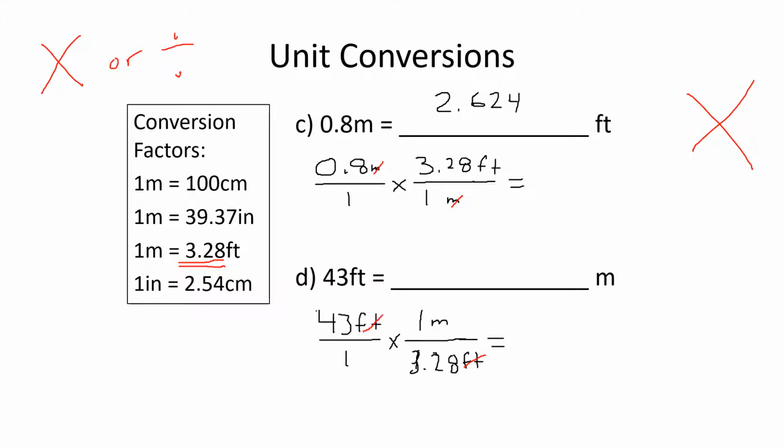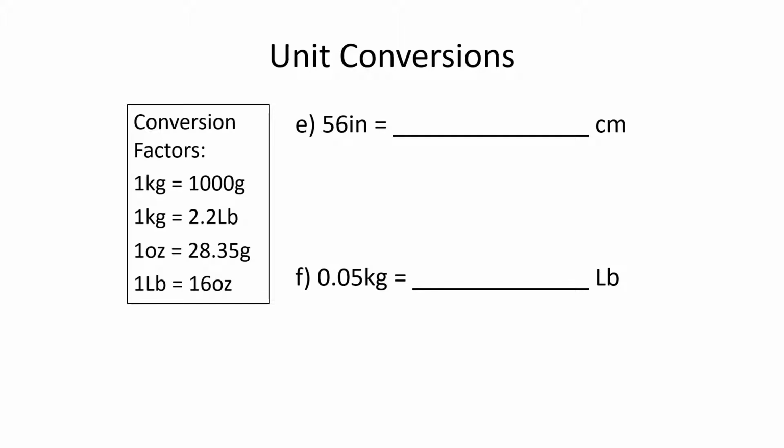So set it up. We want feet at the bottom, so it cancels out the units, so we divide. That's it. Conversion is 50-50. Your job is to figure out when to multiply, when to divide. Because I give you, or you guys should bring your conversion factors with you. All right, inches into centimeters. Multiply or divide?